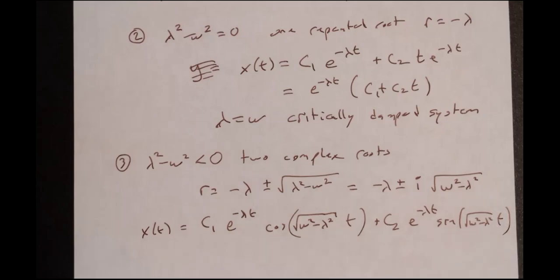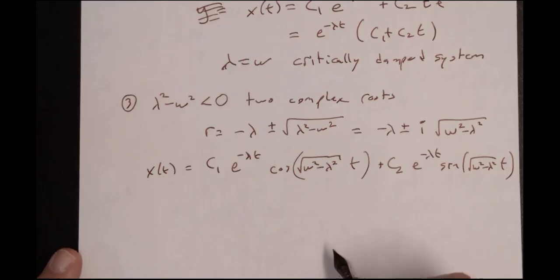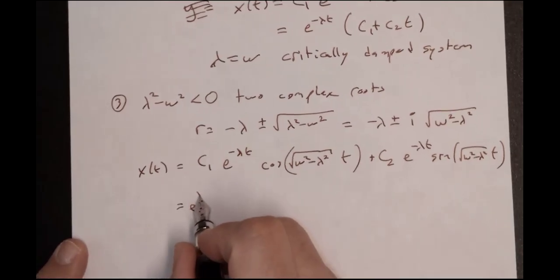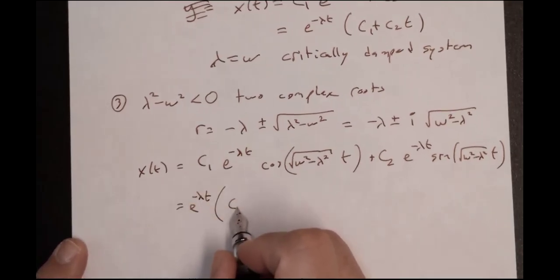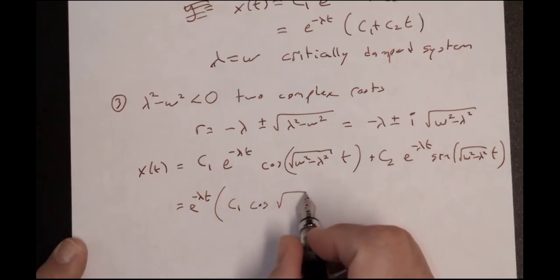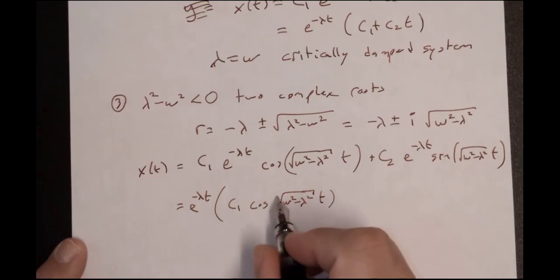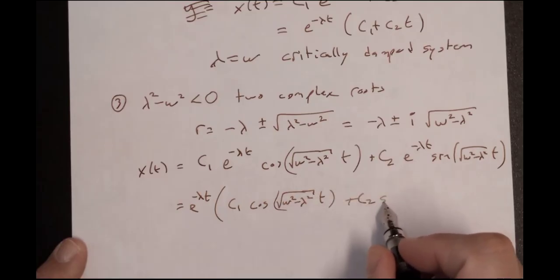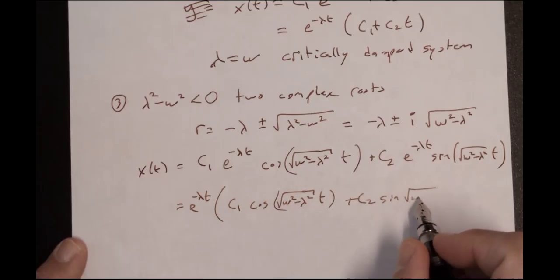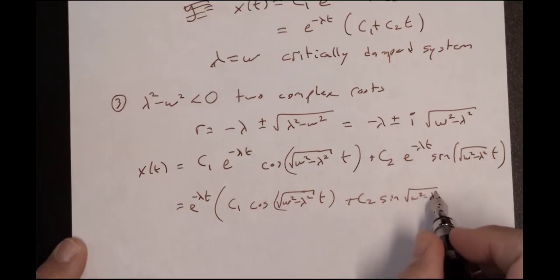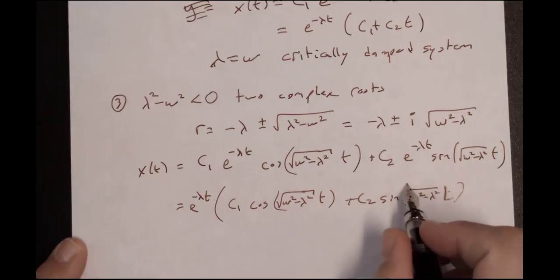Again, I can factor the e to the lambda t out. C1 cosine, disgusting number t, plus C2 sine, disgusting number t.